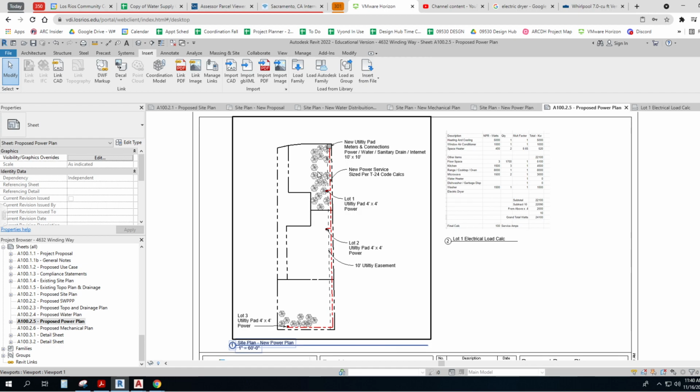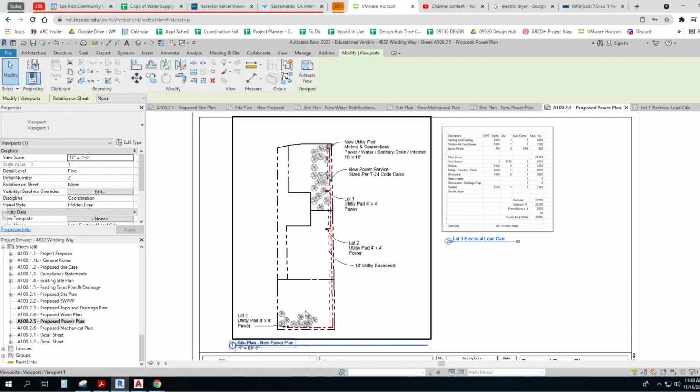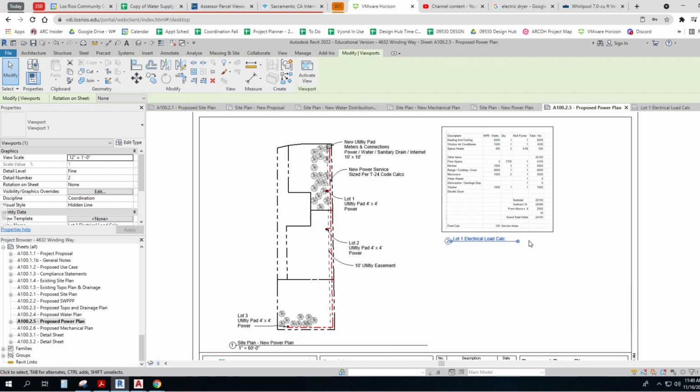So if you wanted to, you could make this for each one, or you could do a calculation if you have an idea that lot 1 will have a certain size house, lot 2 a certain size house, and lot 3 a certain size house. You could make them different, or you could make this not just lot 1. You could say each lot.